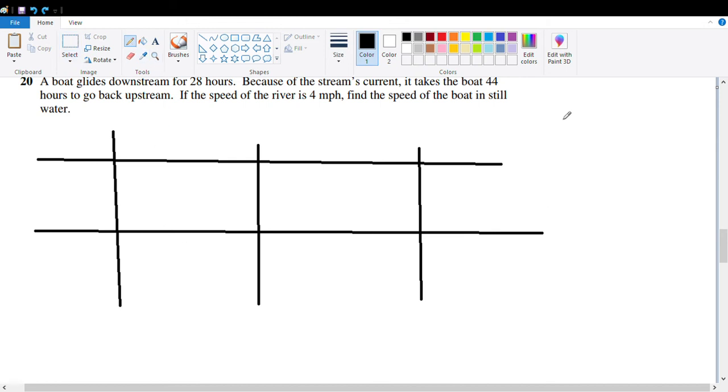Just in case you don't know, distance is equal to rate times time. This is not an x, this is multiplication.